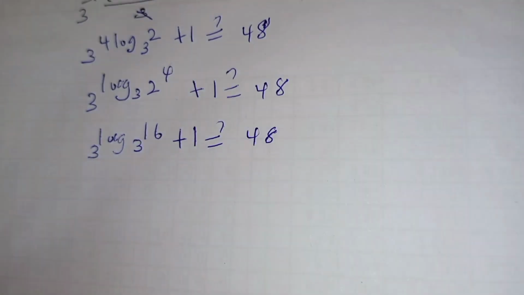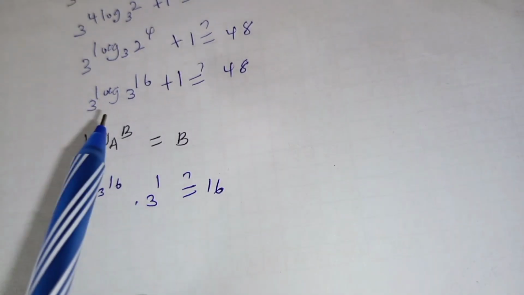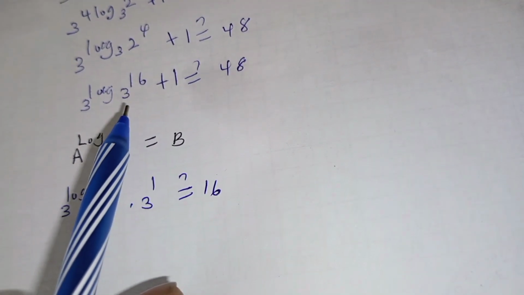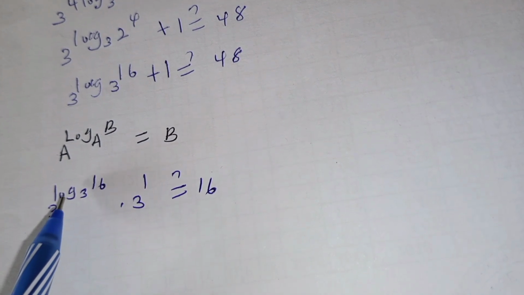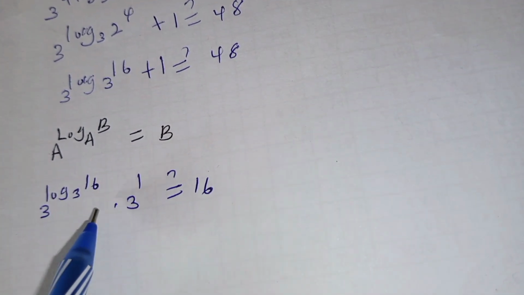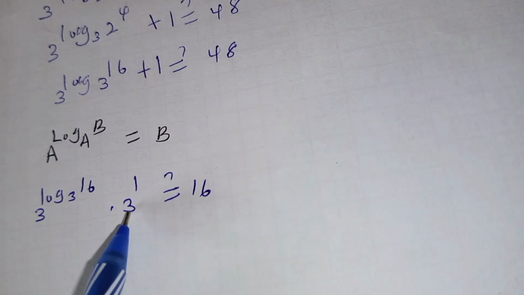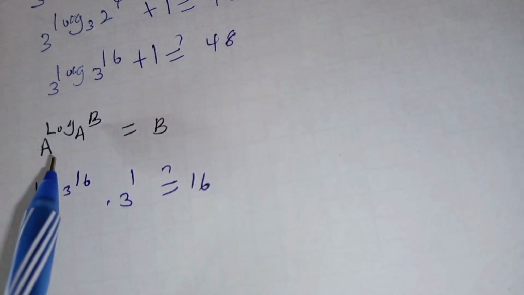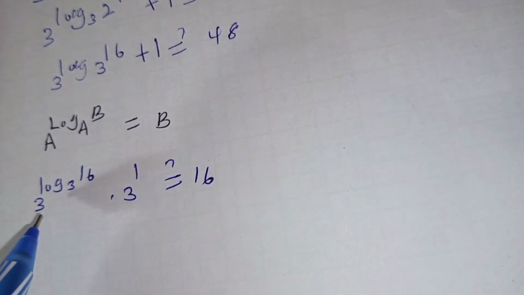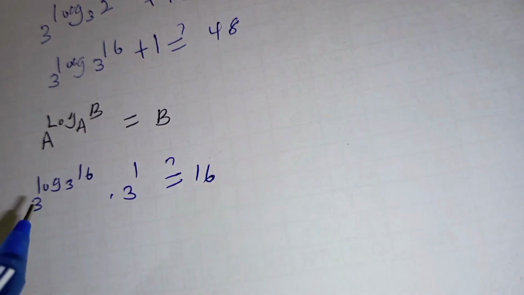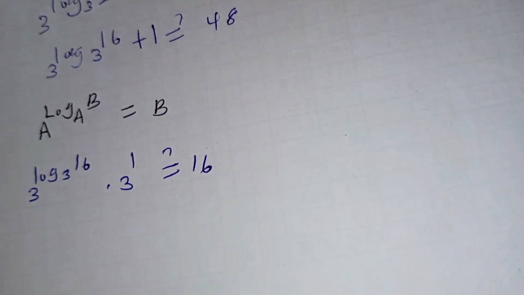At this juncture, noting that 3 to the power of log of 16 to base 3 plus 1 can be written as 3 power log of 16 to base 3 multiplied by 3 power 1. So noting that when you have a power log of b to base a, the result is equal to b. In our case here, our a is 3 and our b is 16.